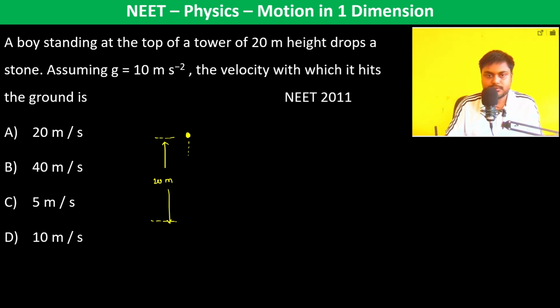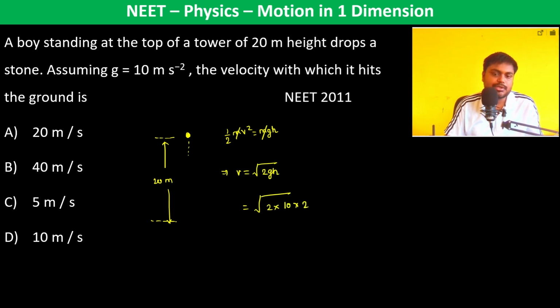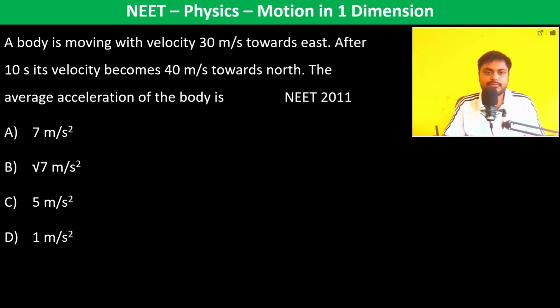Of course half mv square is equal to mgh, the m goes, so the velocity becomes root over 2gh. So root over 2 into 10 into height, which was again 20. So this is 20 meter per second.